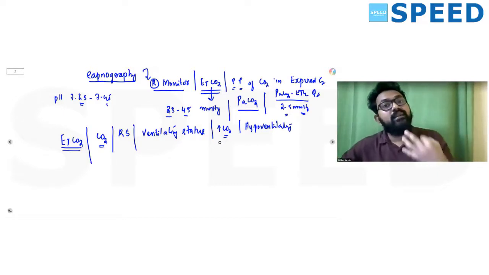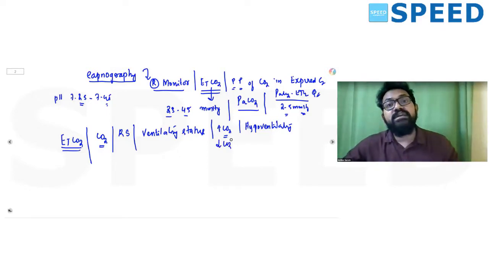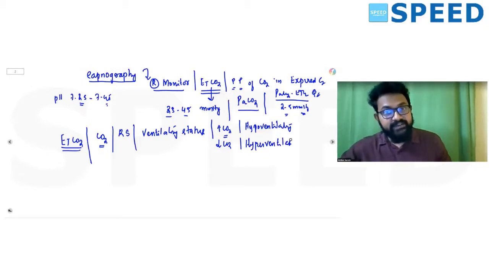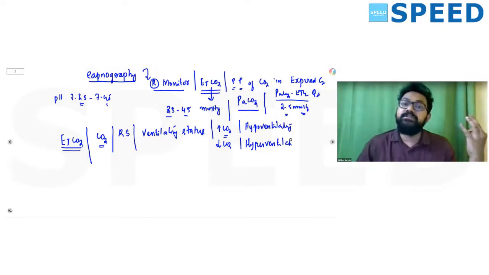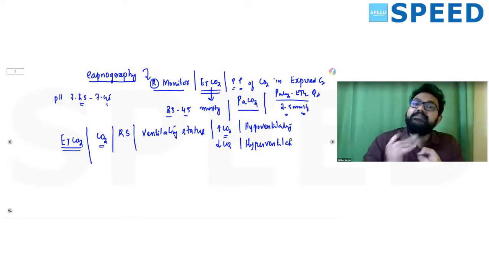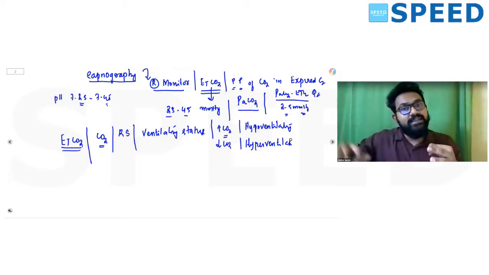Similarly, imagine your end-tidal carbon dioxide is progressively coming down. It means all that carbon dioxide present inside your body is now being washed out. That basically means the patient is being hyperventilated. Now, when you put a patient on a ventilator, may it be during anesthesia or in an ICU where the patient requires mechanical ventilation, you have to set the respiratory rate, and sometimes also the tidal volume. So you control the ventilation essentially.